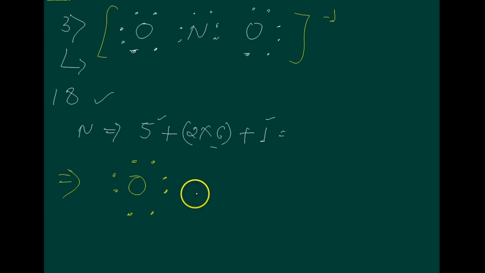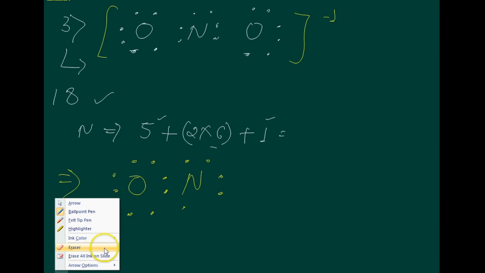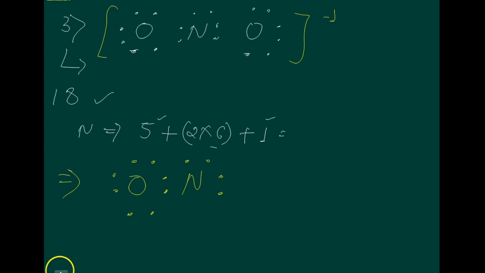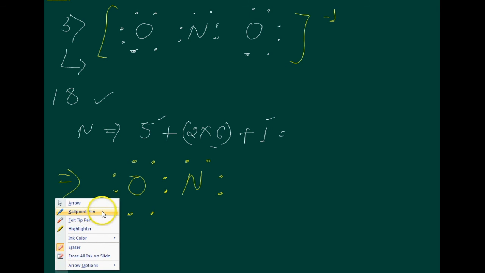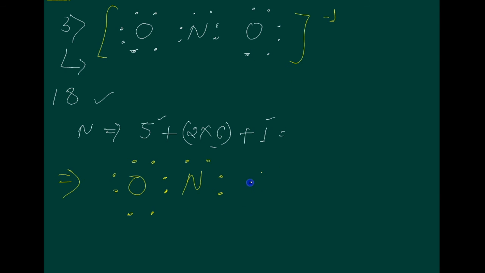Then coming to nitrogen, and next the other oxygen, 1, 2, 3, 4, 5 and 6. Now you got the idea. This is the third step, and now you have completed it.